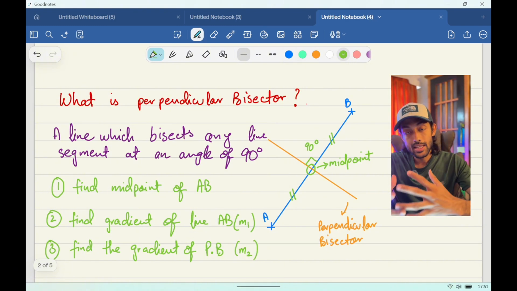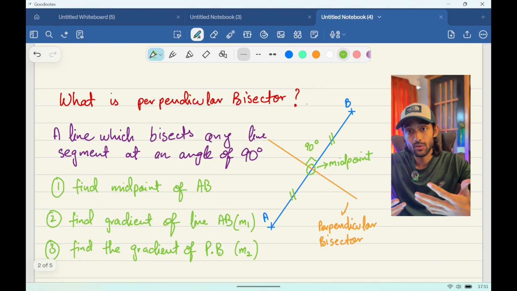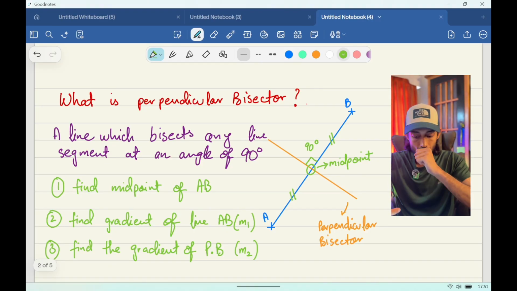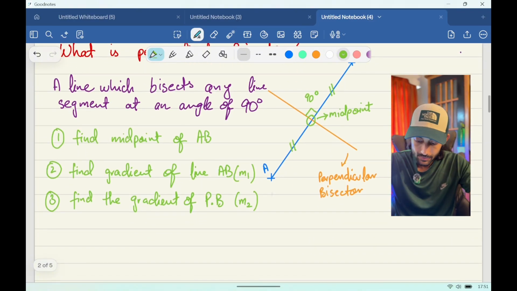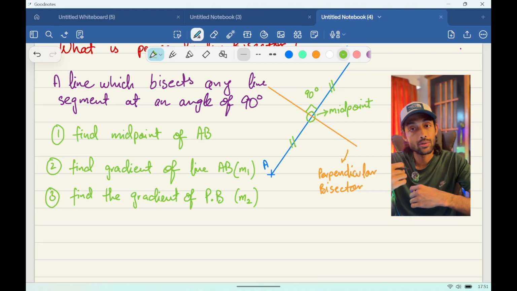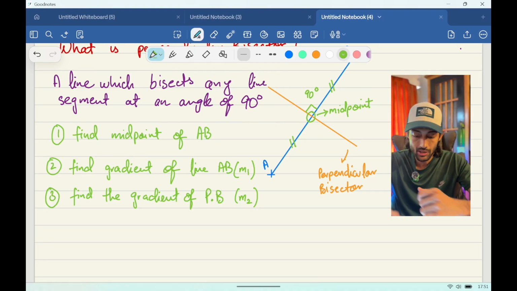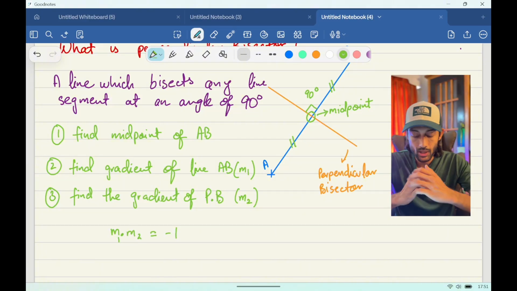And there is a relation between m1 and m2, and the relation is based on the concept of perpendicular slopes. The relation is really simple. It says that if you have 2 lines, and those 2 lines are perpendicular to each other, then the product of their slopes is equal to -1.